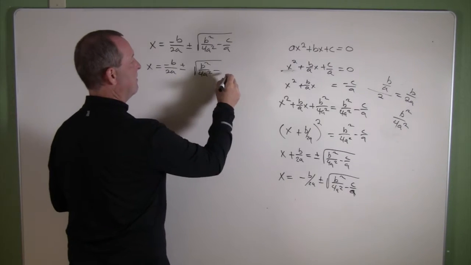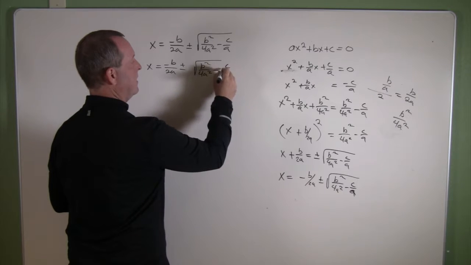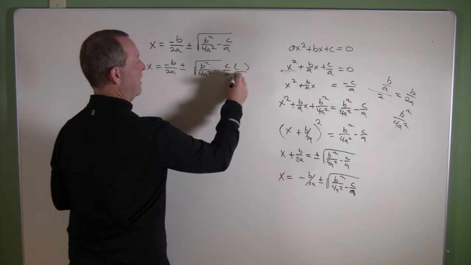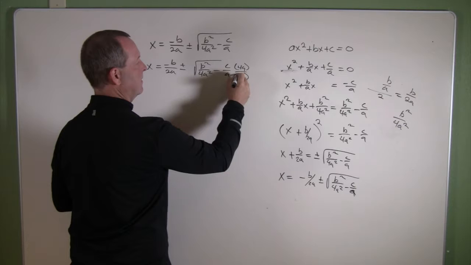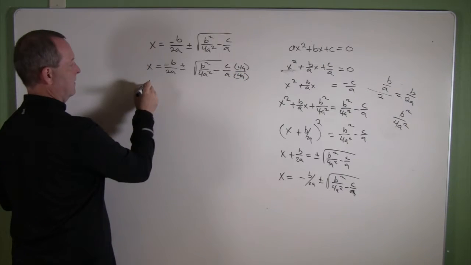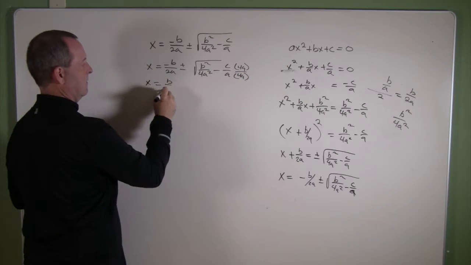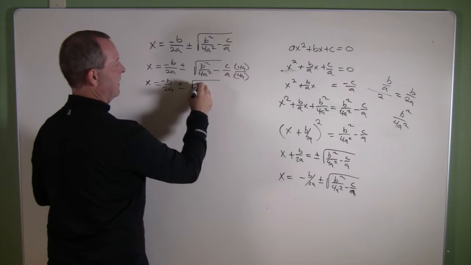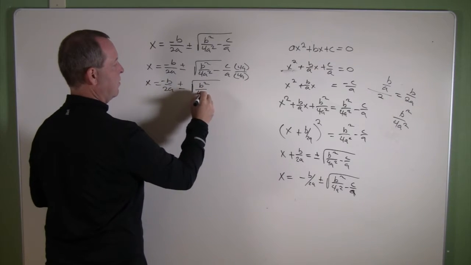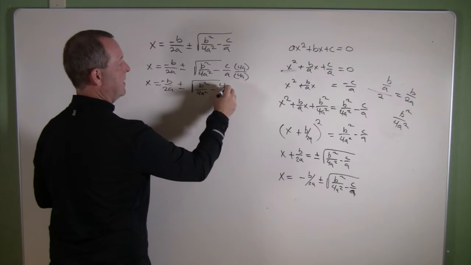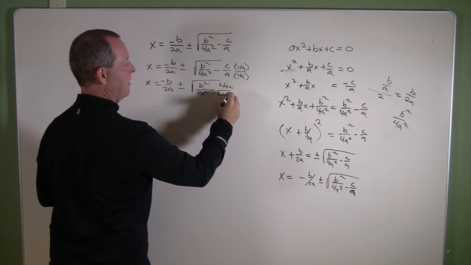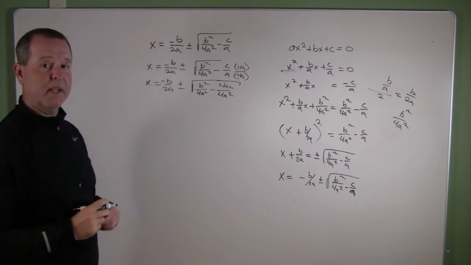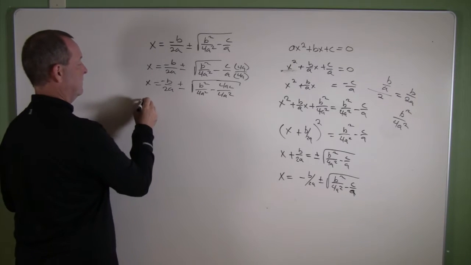So I need to put c over a, multiply both of them by 4a. That gives me b squared over 4a squared minus 4ac all over 4a squared. Hope you can kind of see where that's going.